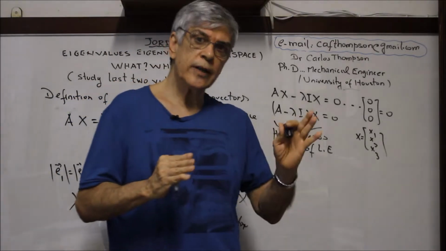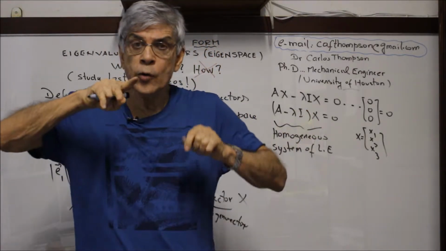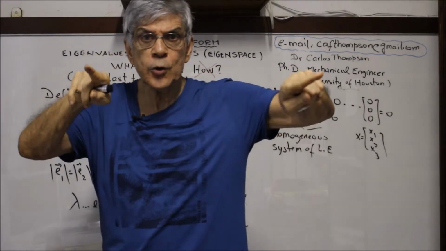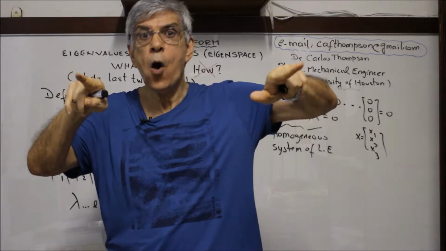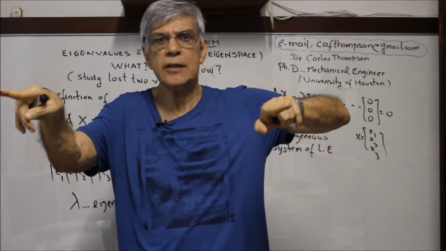We saw there that for a homogeneous system there are only 2 ways to go: a unique solution, which is the 0 solution, or infinitely many solutions.